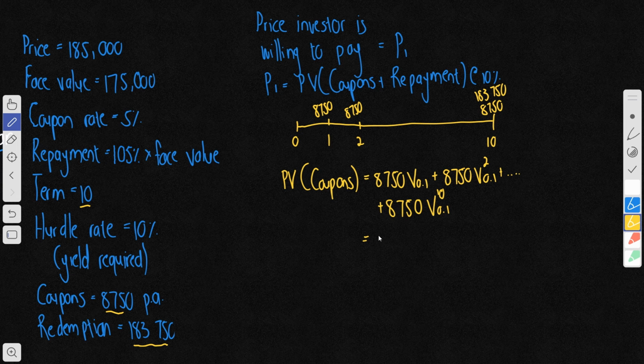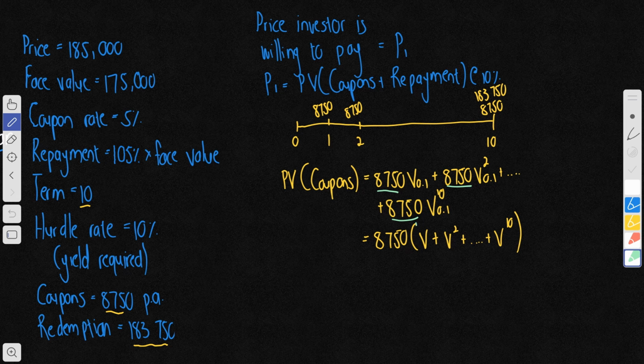We can rewrite this by taking out the 8,750 as a common factor from all of these terms. Then we are left with v plus v squared plus and so forth plus v to the power 10.